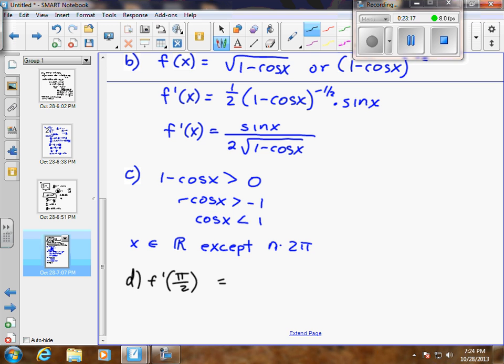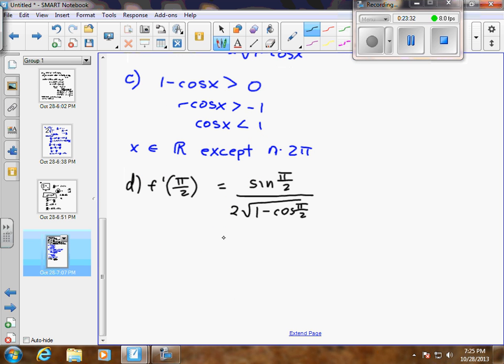So we have the sine of pi over 2 over 2 times the square root of the quantity 1 minus cosine of pi over 2. What will that be equal to? 1/2.